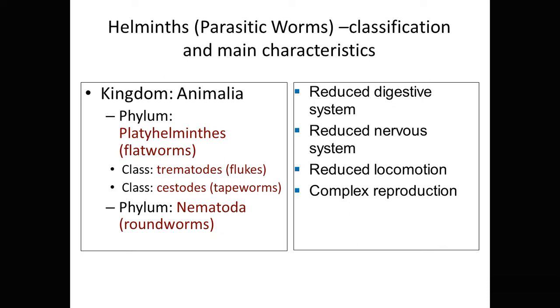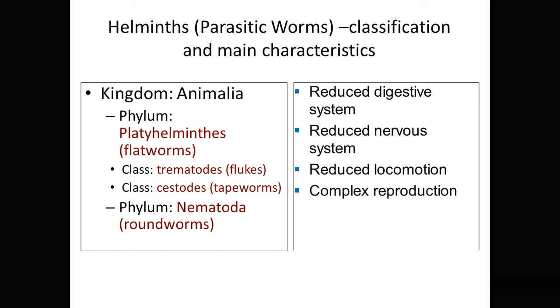And the parasites have some common characteristics. They have a reduced digestive system, because they usually live in highly nutritious areas where the food is at least partly digested, so they don't need a complex digestive system. They have a reduced nervous system because they are not predators chasing prey and don't need a well-developed nervous system.